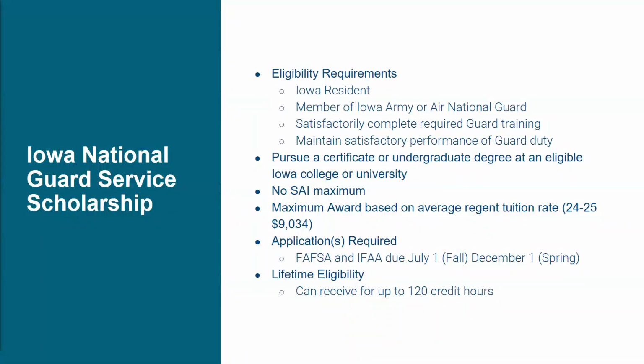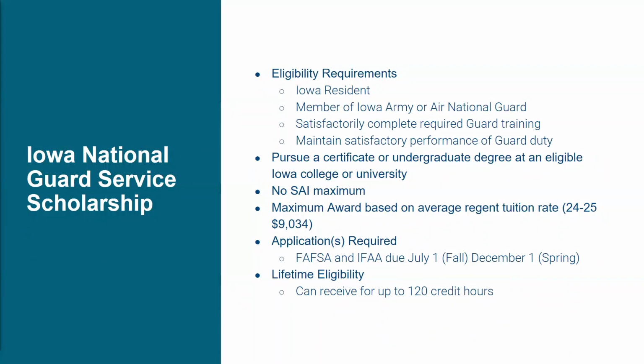The Iowa National Guard Service Scholarship is obviously just that. It's very specific to members of the Iowa Army or Air National Guard. To be eligible for it, you have to satisfactorily complete required guard training and continue to maintain satisfactory academic performance of guard duty. You need to be pursuing a certificate or undergraduate degree at an eligible Iowa college.